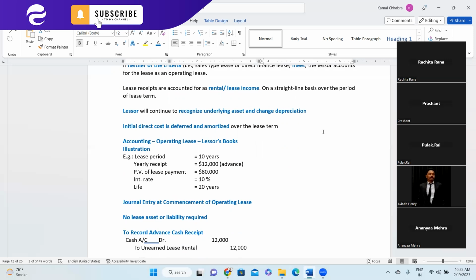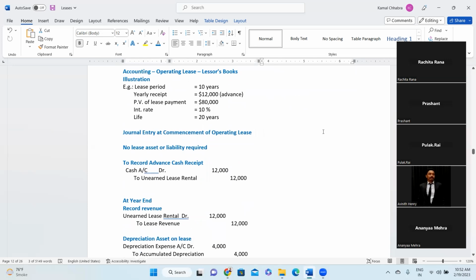The assets will continue in the fixed assets register and the lessor will continue to charge depreciation on that. Initial direct cost is deferred and amortized over the lease term. So if the lessor has incurred any initial direct cost, that will be capitalized and amortized over the lease term. That is the accounting treatment of operating lease in the books of lessor.